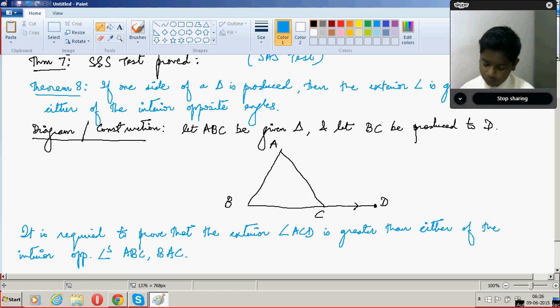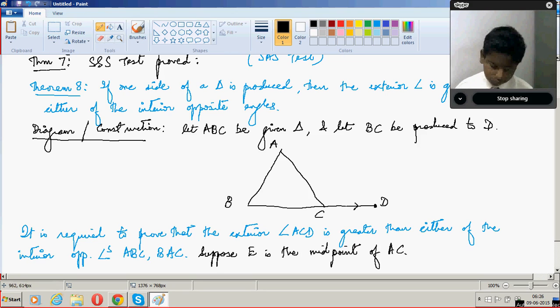Now suppose E is the midpoint of AC. Why can we assume this?